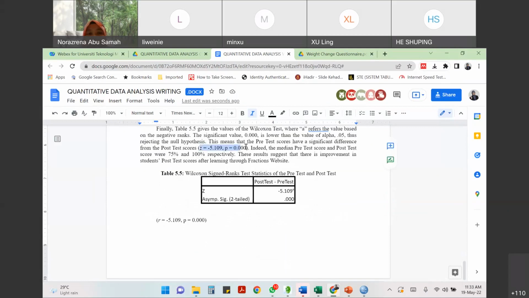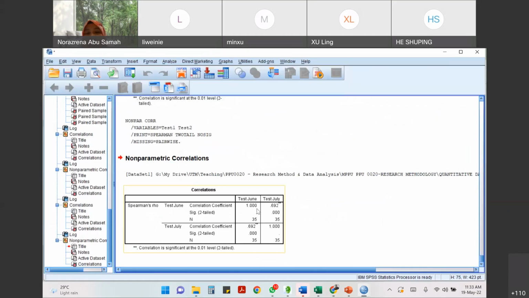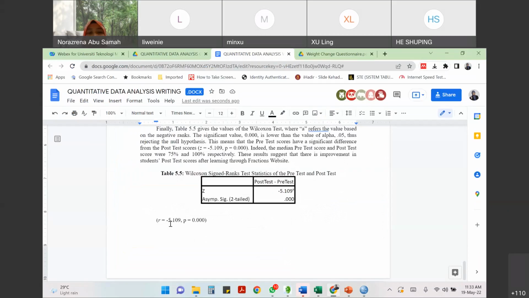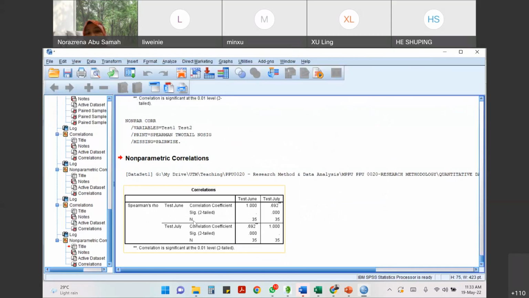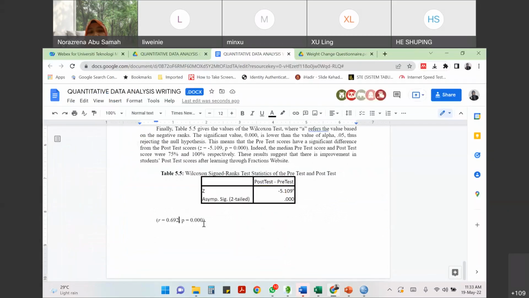So the statistical way is like this. R equals 0.692. The significance here is 0.000. It's the same. Okay, 0.000 right here.